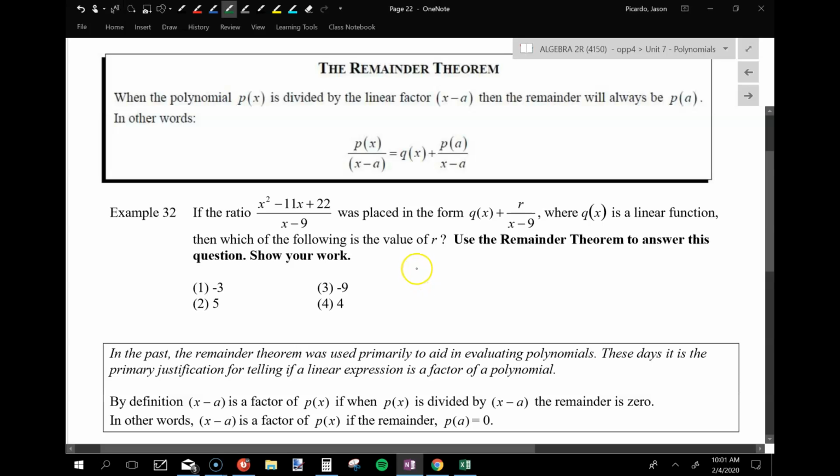So what goes in the box? 9 goes in the box. And what do I have as numbers? 1, -11, 22. I got a 9, I got a -2, I got a -18, I got a 4, and that's my remainder.